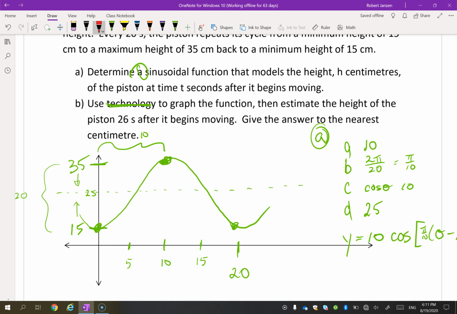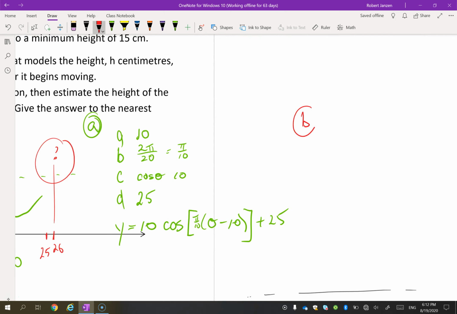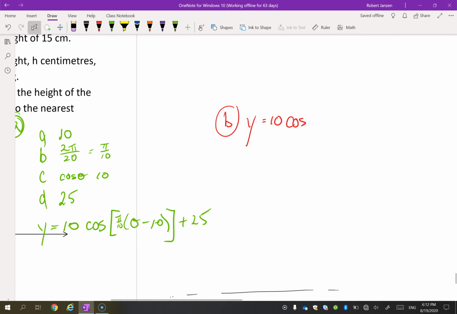This is saying at 26 seconds, so here's 25, here's 26, what is the height of the piston? That's the question it's asking. Now you could graph it and get an estimate of approximately what it would be, but there is another way. The other way is to actually use this formula that we just created. Because guess what we know?